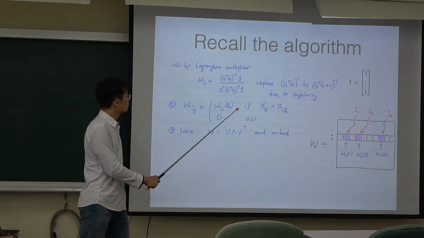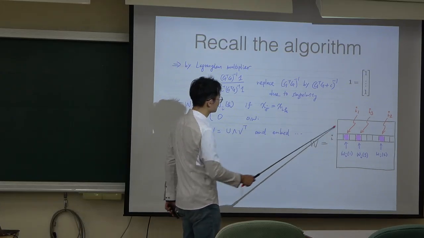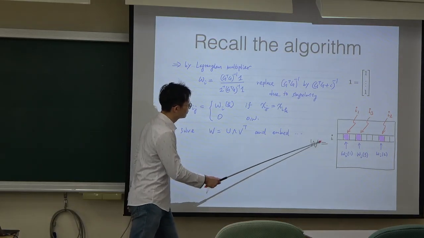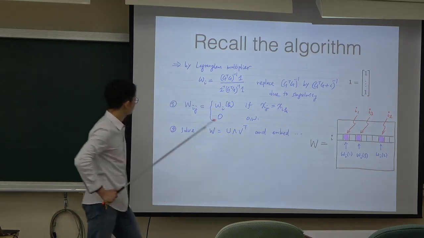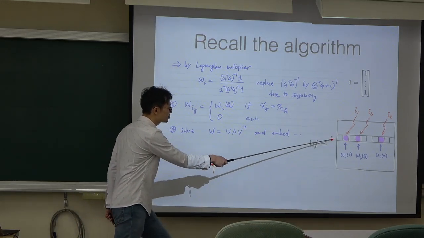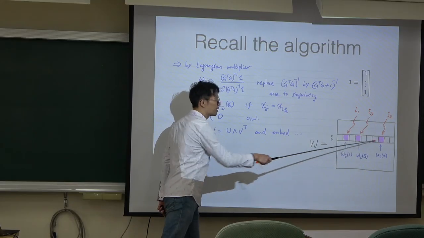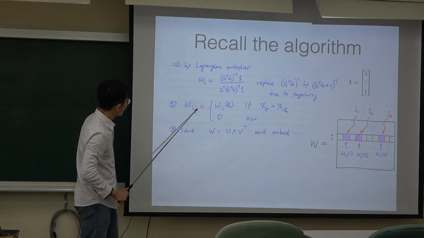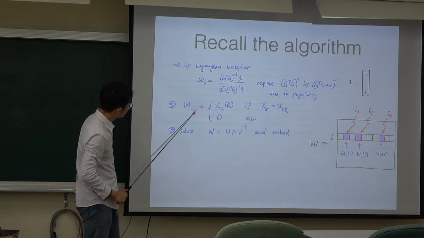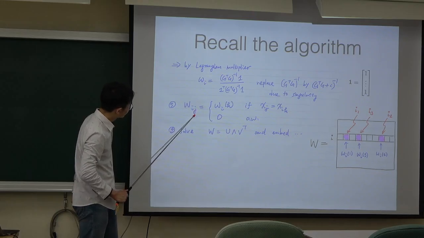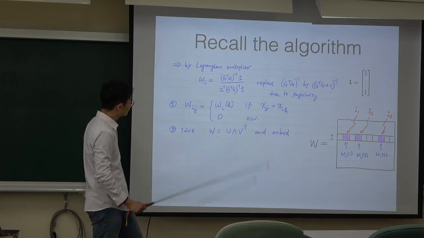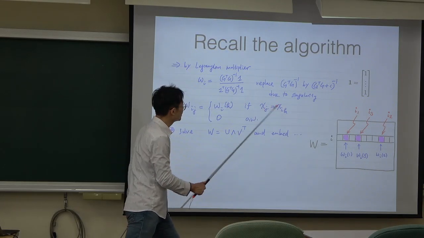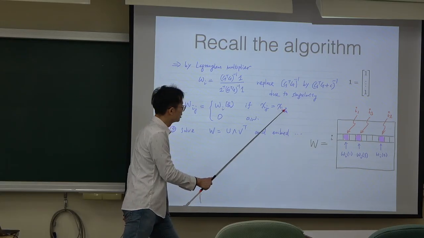Now we want to construct a big matrix called W, which is an n by n matrix. How do we fill in the n by n matrix? We consider the ith row. In the ith row, we plug in the j-th entry to be Wi(k), if the j-th point is actually the k-th neighbor of xi.